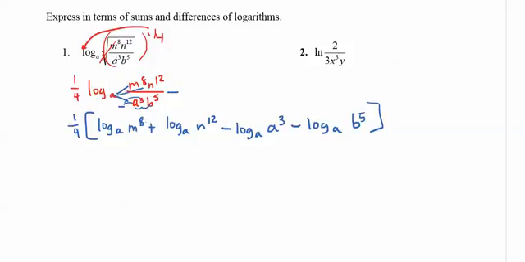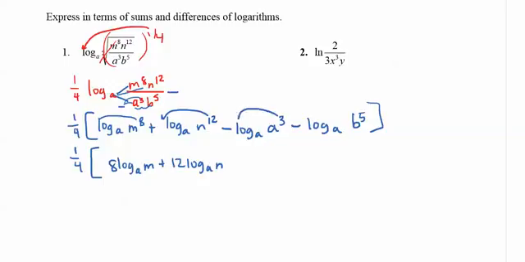My next step inside here is to pull down all of these individual powers in front of the logs. So I have 1/4 with the brackets. I'm going to pull down the 8 log base a of m, pull down the 12 plus 12 log base a of n, pull down the 3 minus 3 log base a of a, pull down the 5 minus 5 log base a of b.